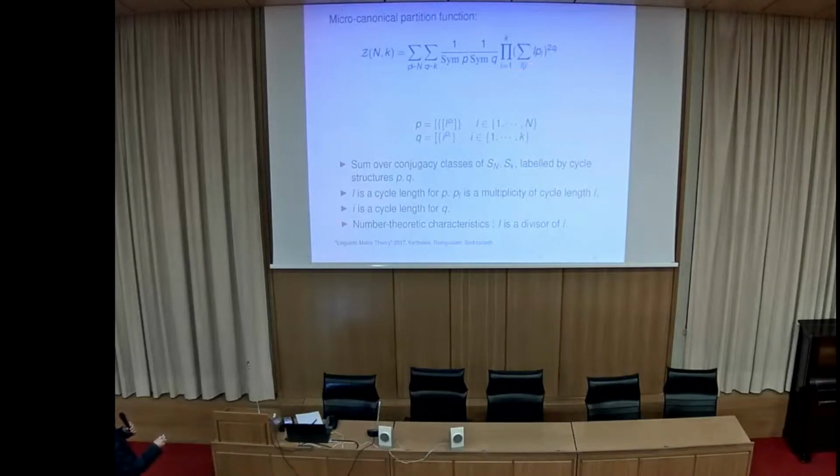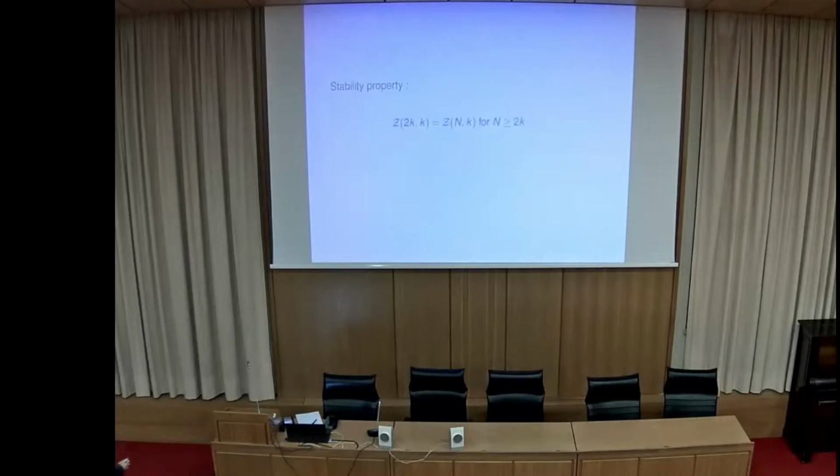So you're summing over divisors, and there's a nice, quite concrete formula. It was worked out in the context of these data science motivations. This formula has a nice stability property: when the energy is less than K, you have a universal form, and there are more complicated things going on when the size of the matrix becomes small.